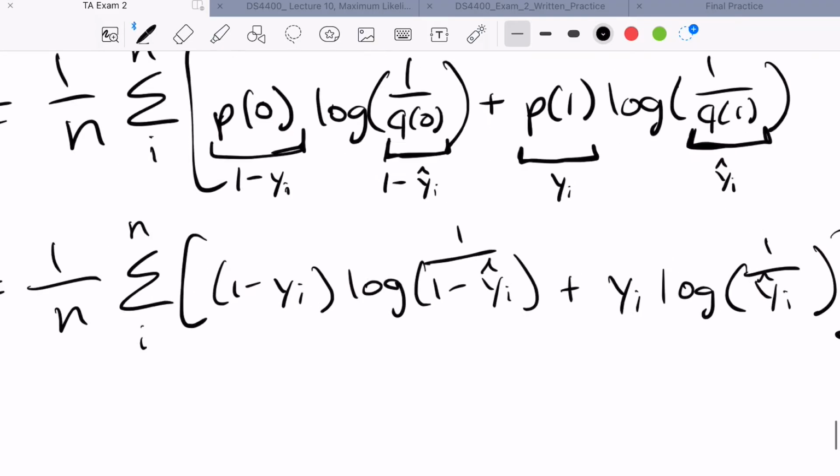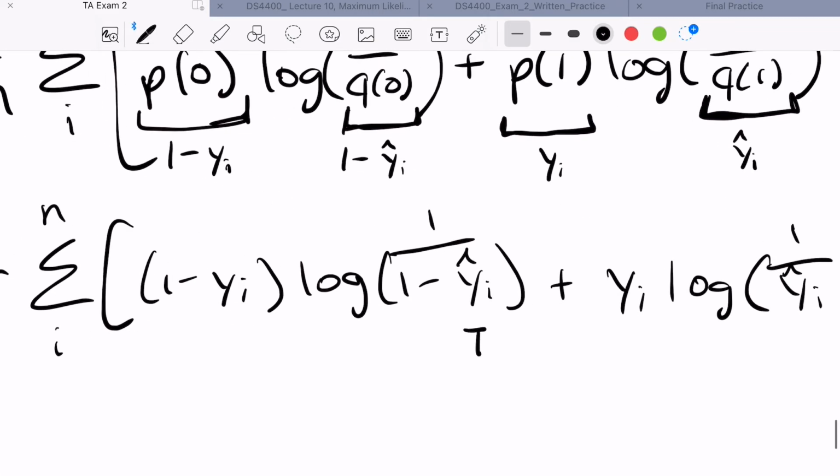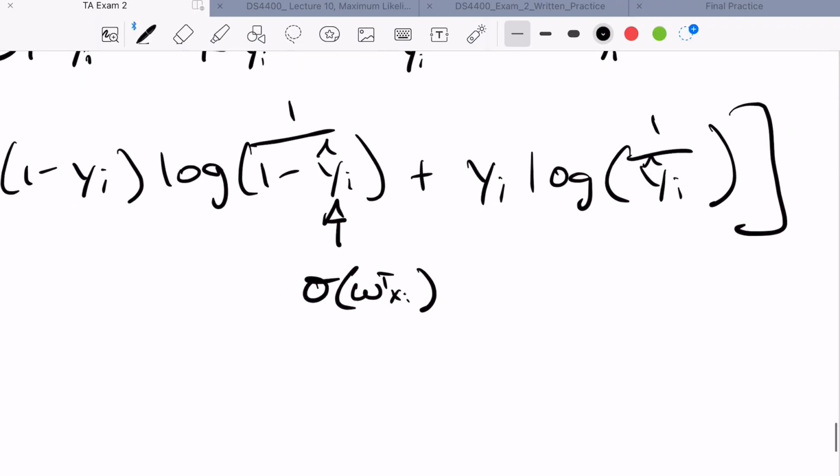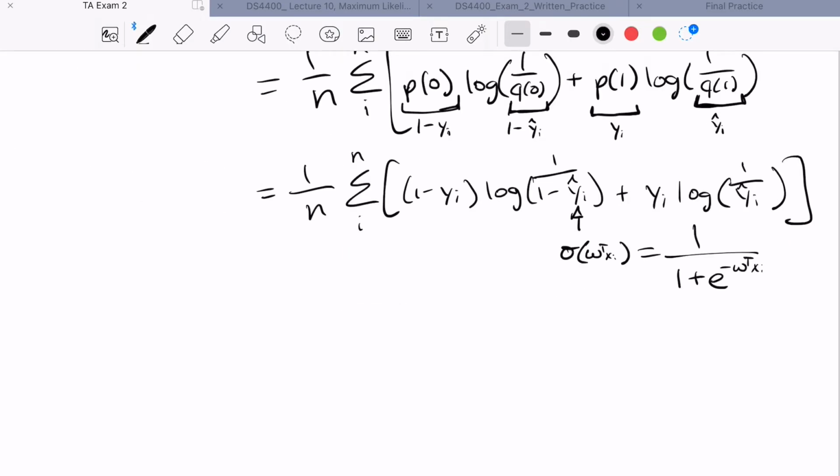Since we know y hat really represents a sigmoid of w transpose xi, we can substitute that in there, and I'm just going to real quickly write out the equation of the sigmoid, with negative w transpose xi.